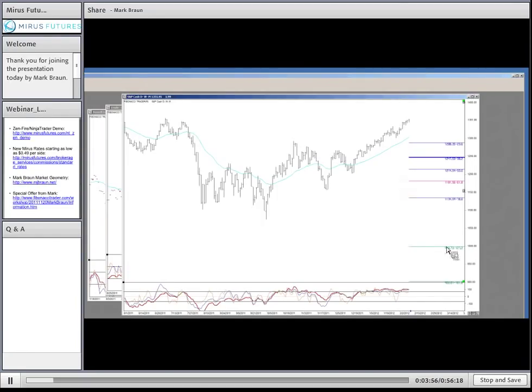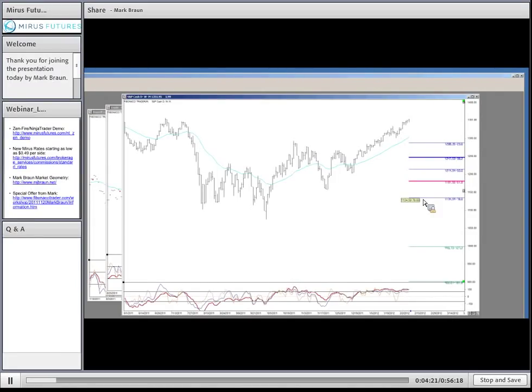Now, 618 is the one that everyone tends to focus on. They say, you know what, if it pulls back to the 618, it's going to bounce. First of all, I don't believe in focusing on a particular level and saying it's going to react there. You'll see that time and time again on various forums, all over the place, really.